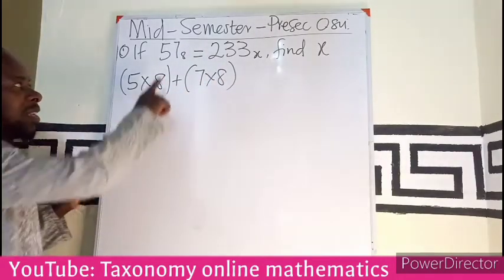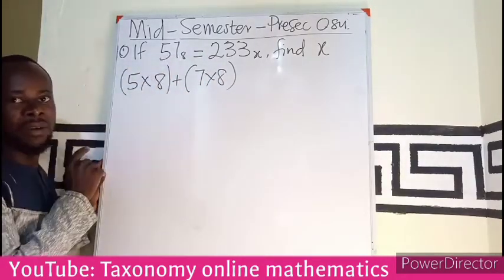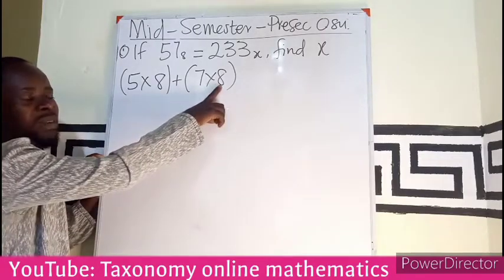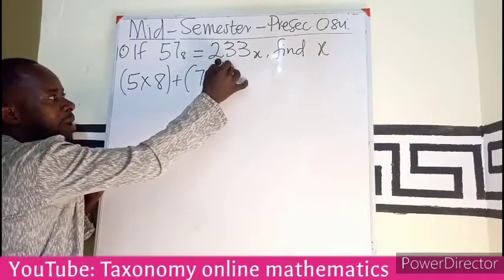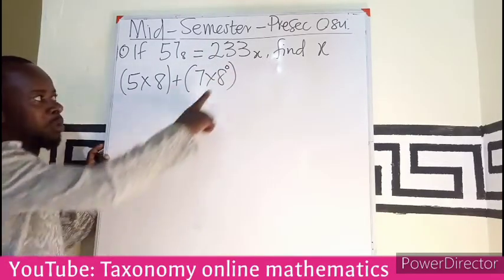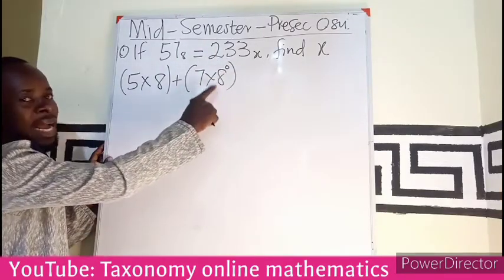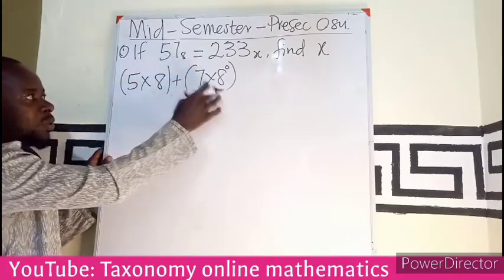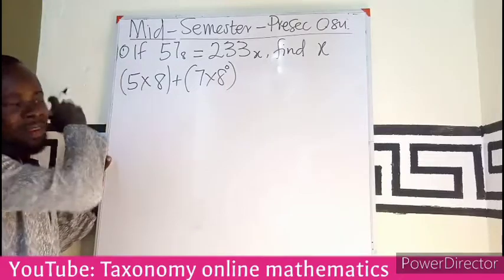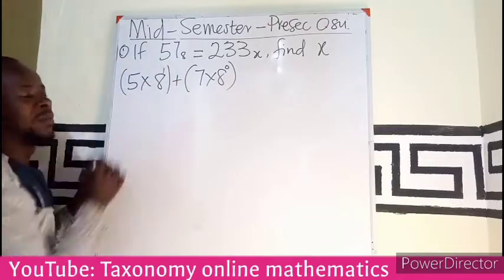Now we can see that these are the two digits we have. The place value of 8 is going to be ones. So we know that any number raised to the power 0 gives us 1. So we begin with 0 so that we can get our ones. This will be the 8. So since we are in base 8, this is 1, this is the 8, then it moves in that order.